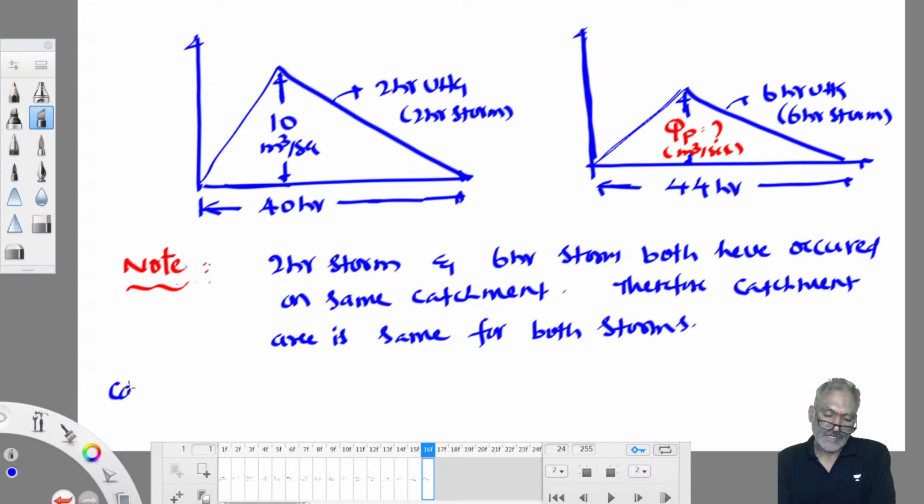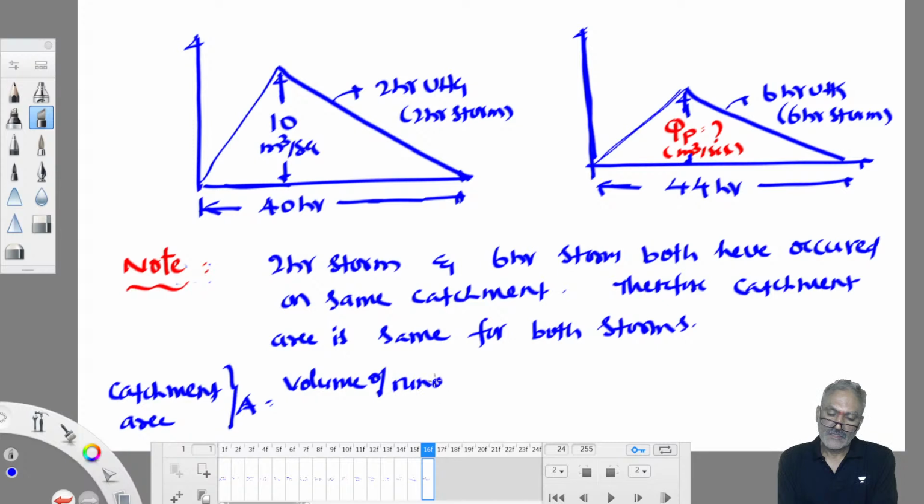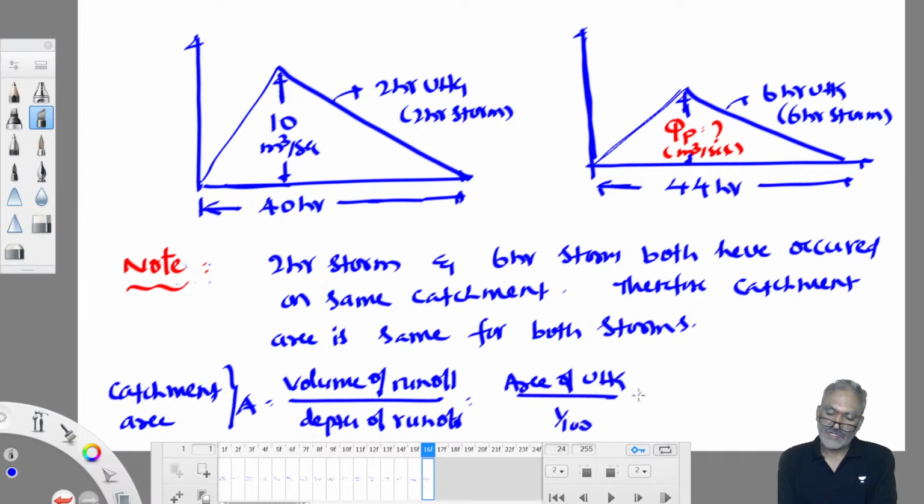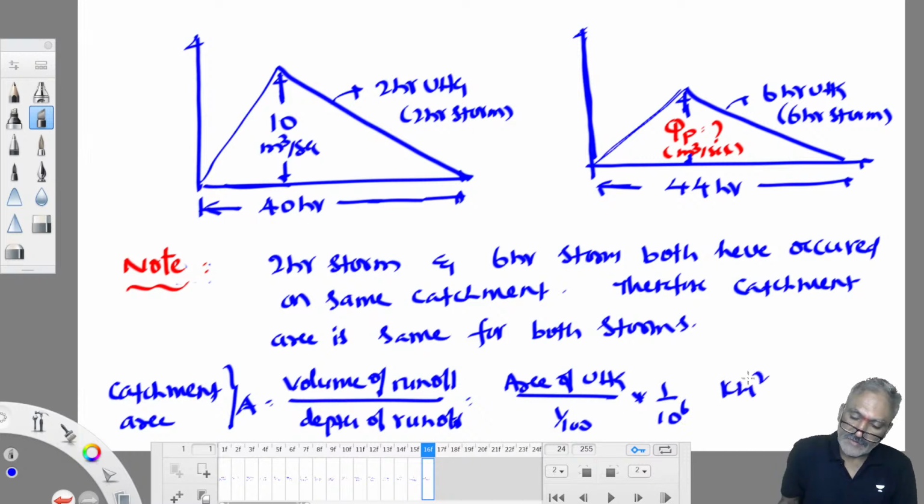So what is catchment area? Catchment area is equal to the volume of runoff by depth of runoff. Volume of runoff is the area of the unit hydrograph. Depth of runoff is always 1 by 100, and with 1 by 10 power 6 you get catchment area in kilometer square.